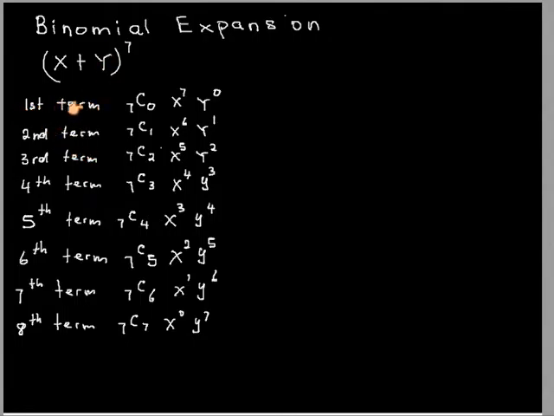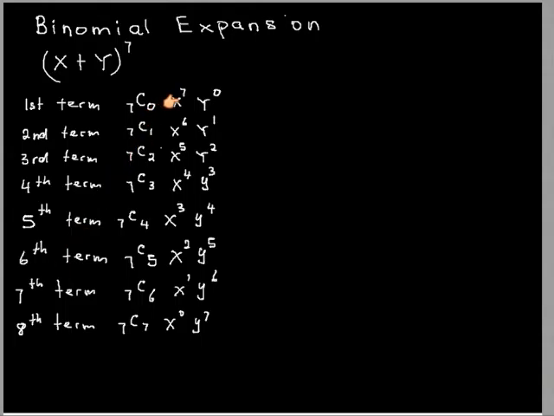The first term is determined by the highest exponent, which is 7C0. Then you continue down. You can see that there's a method to this madness. It's 7C2, 7C3, 7C4, 7C5, 7C6, 7C7, and that's the end of the line. So if you expanded this, there will be altogether 8 terms.